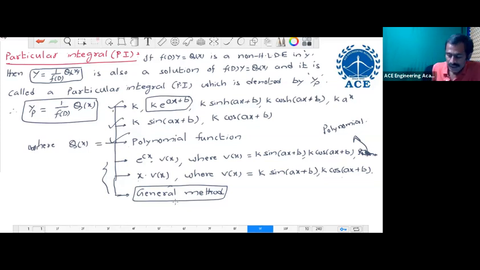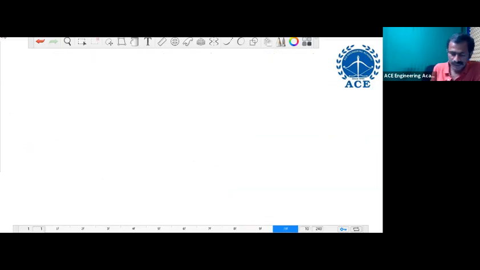Okay. Let us go to the first method, case 1. That is, the method for writing the particular integral for the exponential. Case 1: here q of x equals k into e power ax plus b.